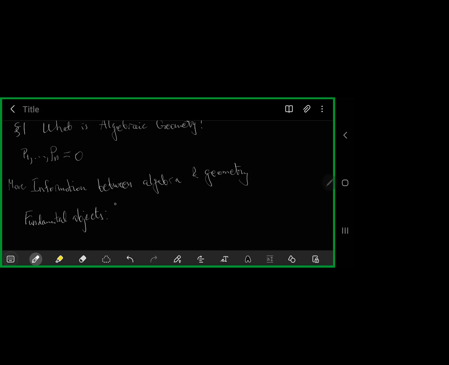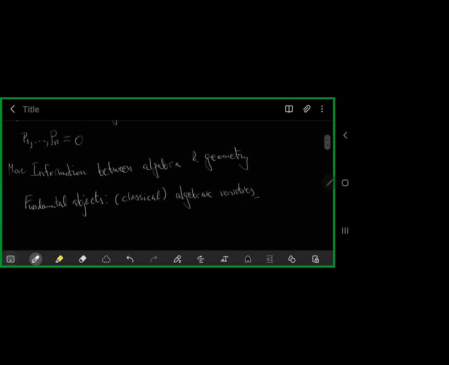I'll put in brackets, classical algebraic varieties. The definition for this is basically, if I have a bunch of variables x1 to xm, I'm going to look at the solution set p1, ..., pn equals 0. And that's going to be some space inside.